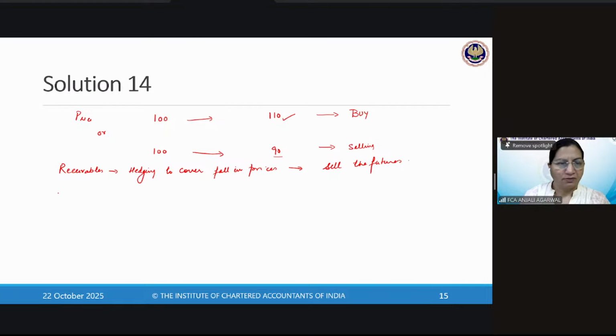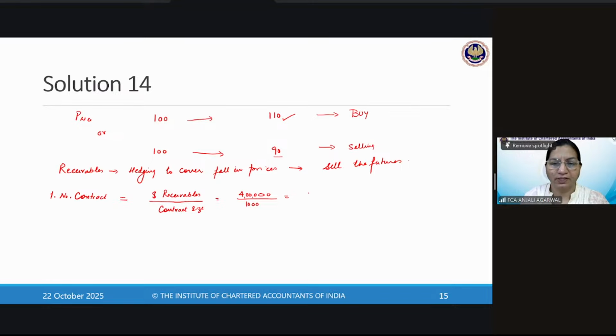So in this question, number one, what is the number of contracts? Dollar receivables divided by contract size. 400,000 divided by 1,000.